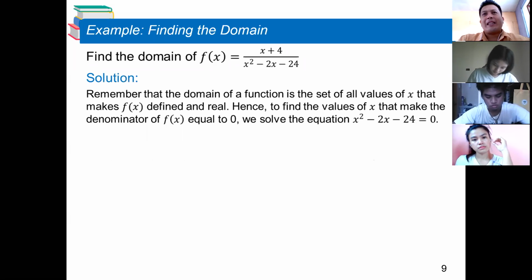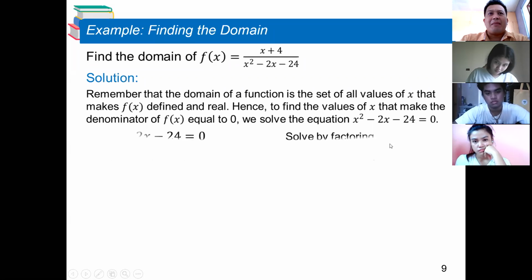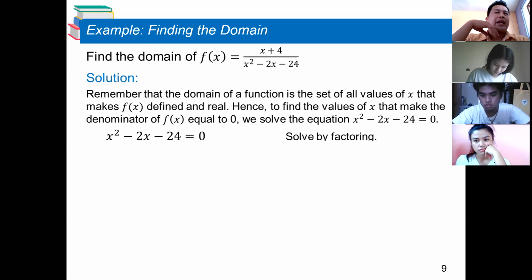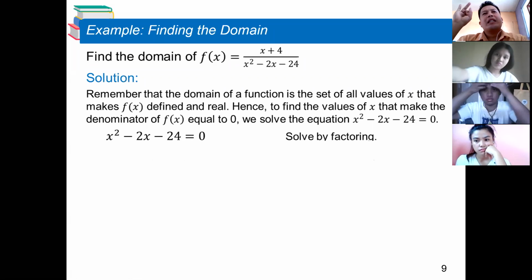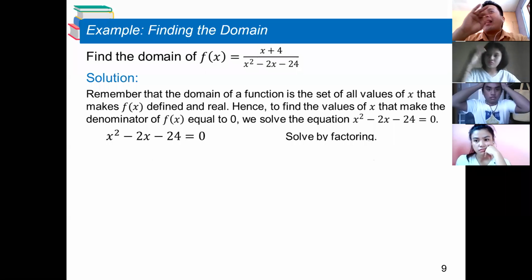So how will we do that? We equate the denominator to 0. Having said that, let's literally equate that to 0. But notice that the denominator is a trinomial. You can solve a quadratic trinomial by completing the square, by synthetic division, by the quadratic formula.